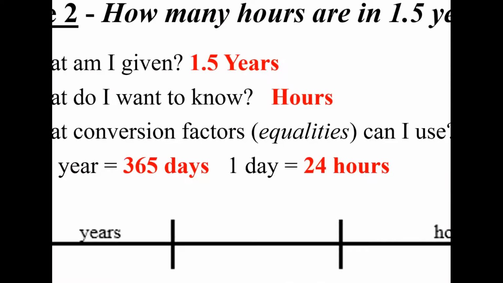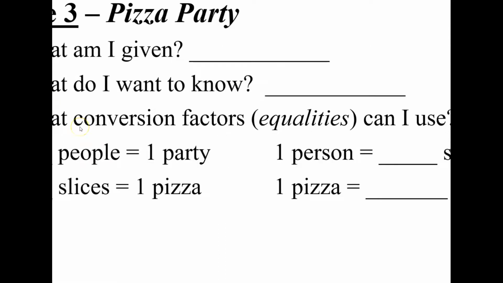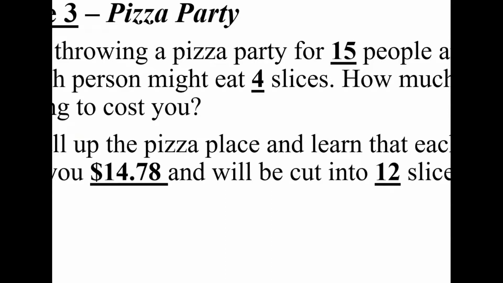We're throwing a pizza party, and you are going to have our blanks here. We've got 15 people, and we figure that each person might eat 4 slices, and then you want to know how much this party is going to cost you.